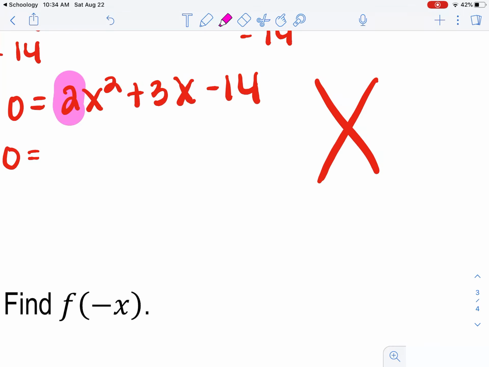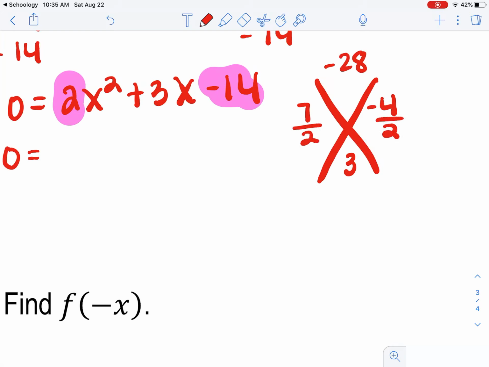So I'm going to do a times c right here. That's negative 28. B goes down here, which is 3. So I'm looking for two numbers that multiply to give me negative 28 and add to give me 3. 7 and negative 4. Now you have to remember to divide by your lead coefficient, so I'm going to divide by 2, divide by 2.